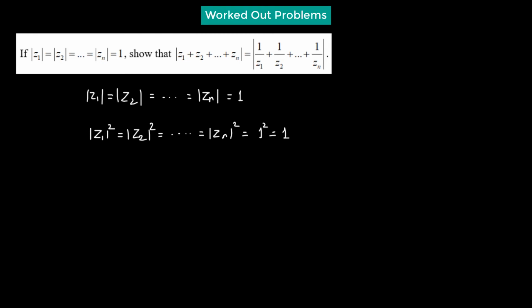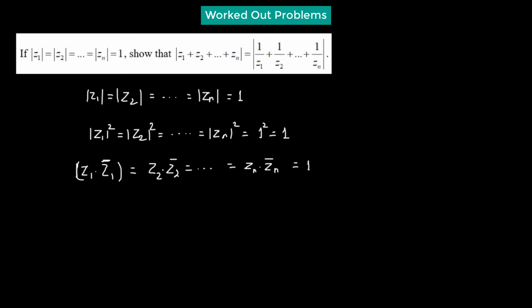Now we know that the absolute value of z1 squared can be rewritten as z1 multiplied by the conjugate of z1, which is equal to z2 multiplied by its conjugate. And we continue, and for the nth term we have zn multiplied by its conjugate, which is also equal to 1.